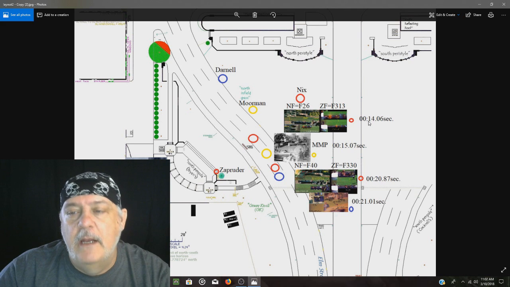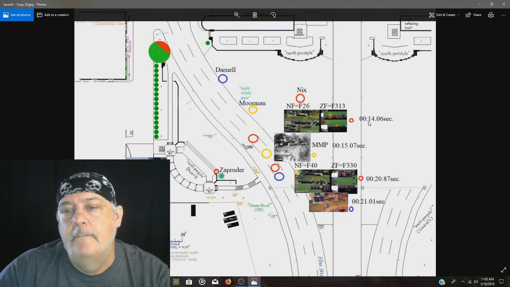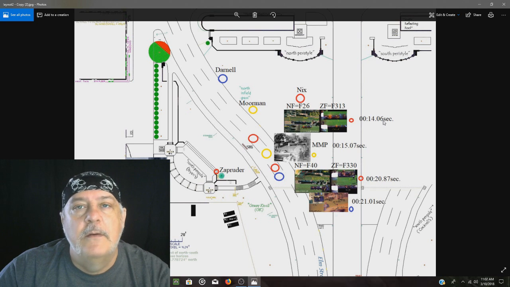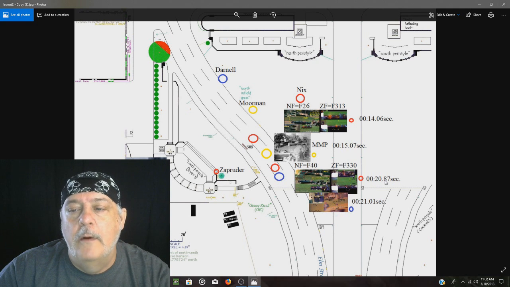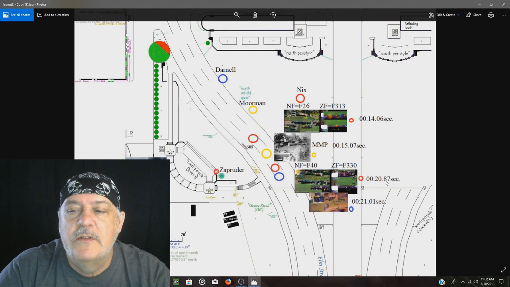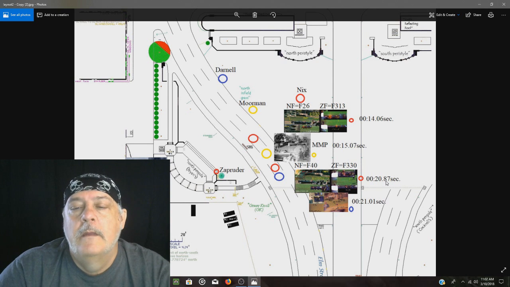The fatal headshot, now shot number 4 that day, but we're just going to talk about these two shots, happened at 14.0 seconds. The second shot, which was fired from here, happened at 20.87 seconds. That's the shot to Governor Connally. So there's almost 6.81 seconds in between both of those shots.